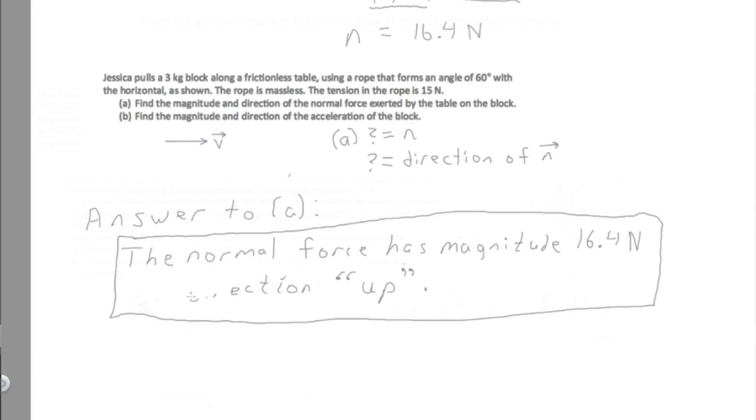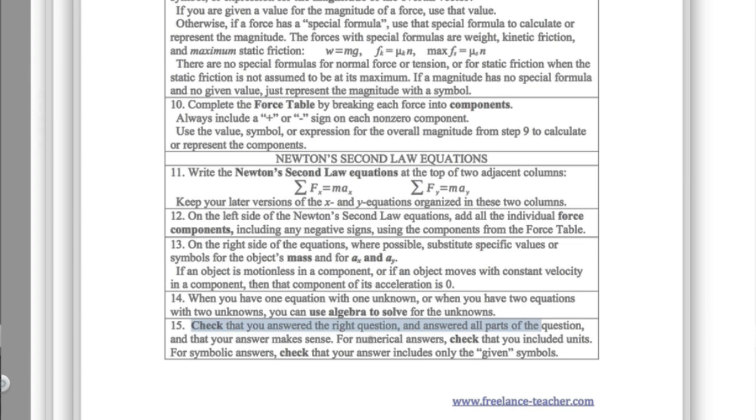A lot of students, I think, would answer this question as just 16.4 newtons. A lot of people would forget that there's also another part of the question asking for the direction. So make sure that you've answered all parts of the question. And of course, that also involves noticing that we still have to go on and answer part B in order to finish the problem. Check that your answer makes sense.